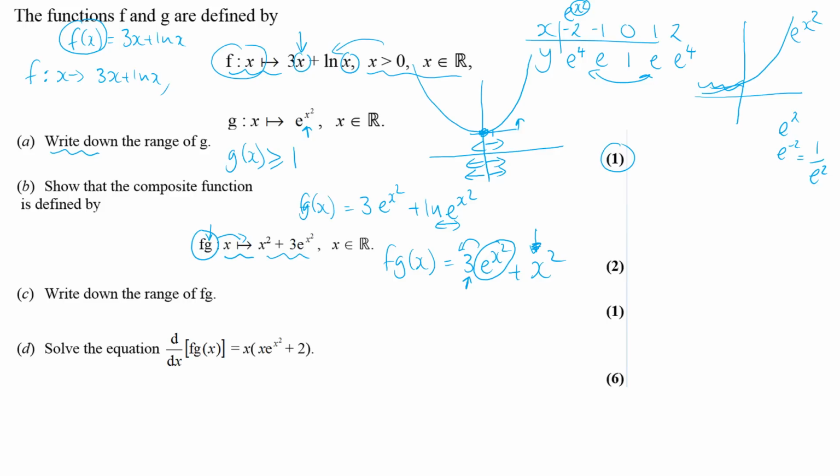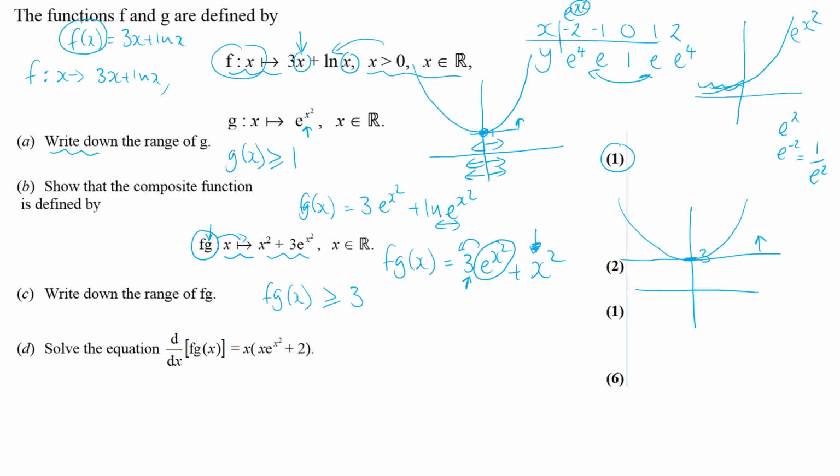So the graph's going to look similar to our other one and come down like this, but then the minimum point there is going to be at 3, so the graph is all going to exist above 3, so the range of fg of x exists all above 3.